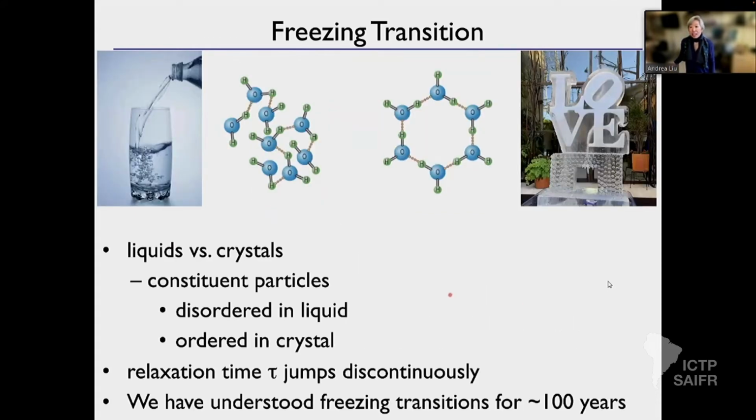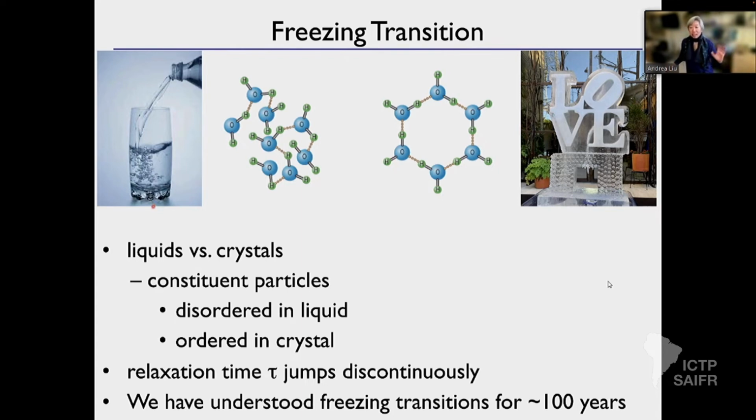Then what happens if you have a freezing transition? Well, where the constituent molecules, for example water, are disordered in the liquid and then become ordered in the crystal, the relaxation time will jump discontinuously at that freezing transition.